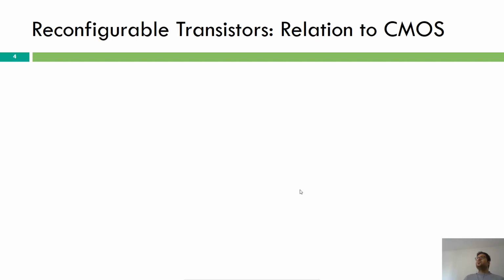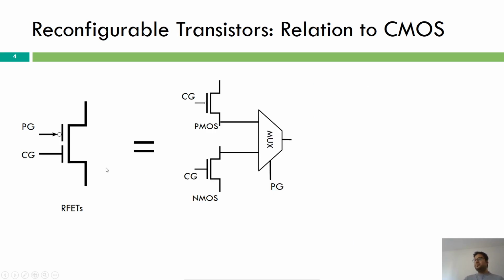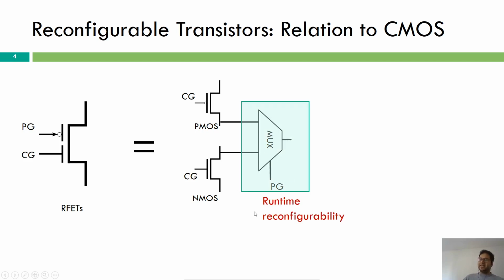Moving ahead, how does it relate to CMOS? As we said, this is an RFET with two terminals. In a simple notation, it can be represented in this format, that you have a PMOS and an NMOS connected to a MUX, where the MUX select line is governed by the program gate. And this MUX actually gives the concept of runtime reconfigurability, that you can change the behavior of this transistor at any time.